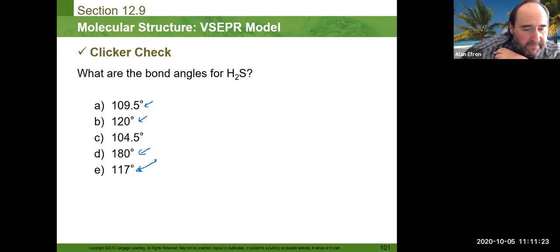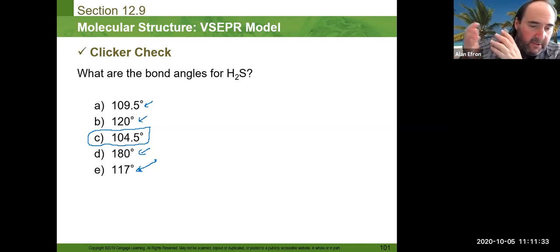So this would have a bond angle very similar to what we see with water, which would be 104.5. I'm okay in this class if you say less than 109.5. They may want you to know the exact one when you get to 1A, but a lot of books will still just say less than 109.5 would be sufficient. Any questions on those there?